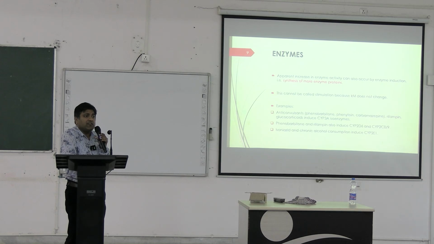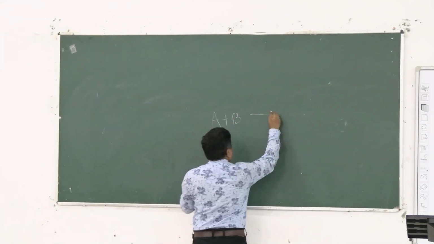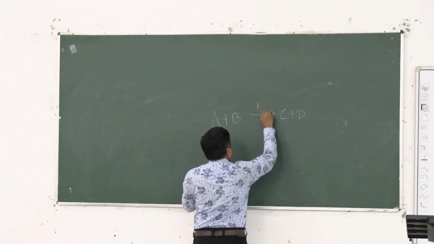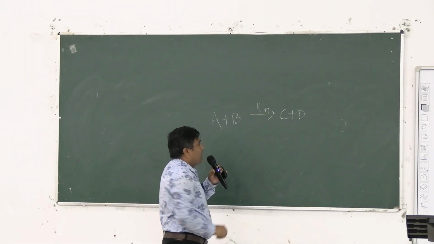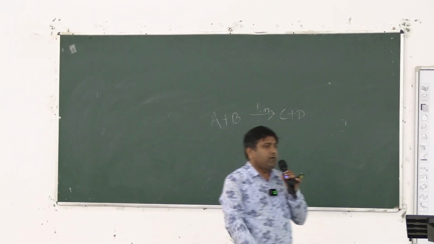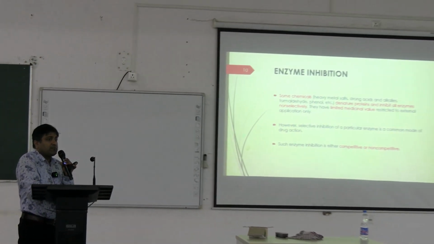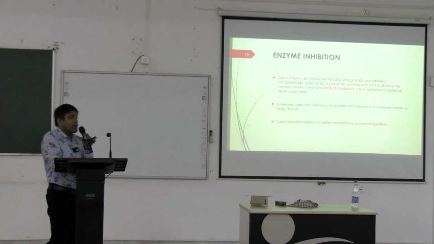Km is basically a rate constant. Basically, it's the concentration of the substrate required for half maximal velocity, called the Km.